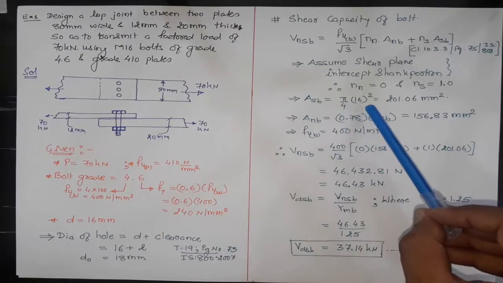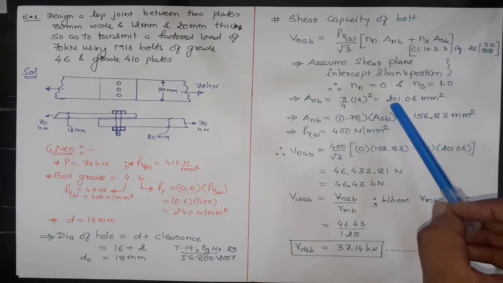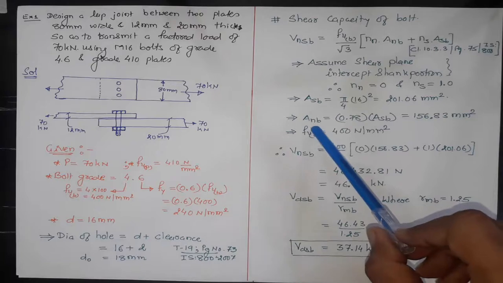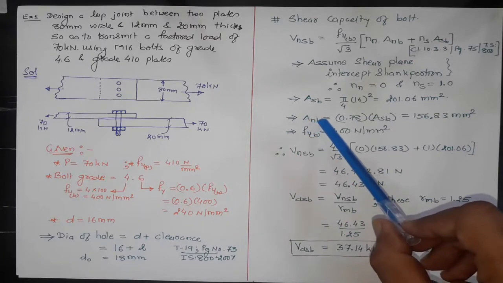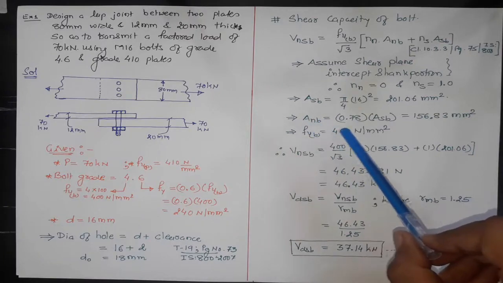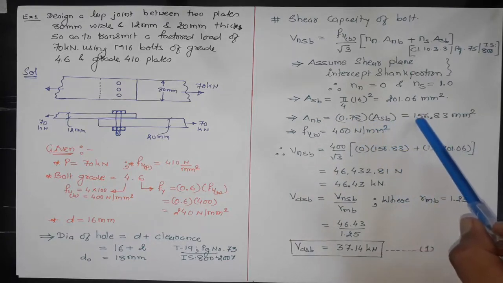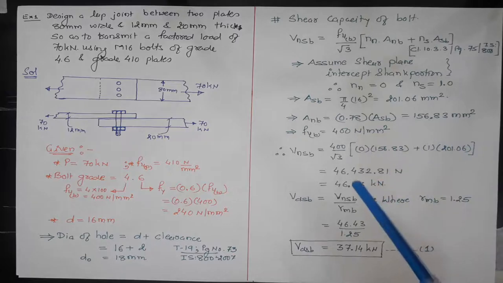ASB is pi by 4 of 16 square, which comes out to be 201.06 mm square, where ANB, the net shear area of the bolt at thread, is 0.78 of ASB, which comes out to be 156.83.